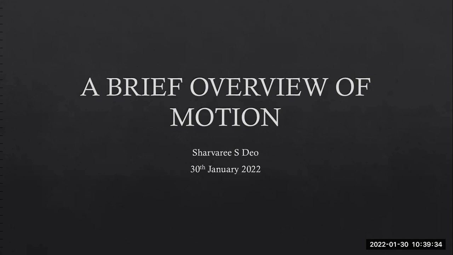Then you have an important topic called graphical representation of motion, followed by the various equations that are used for motion. And last, at the end of the chapter, you have circular motion as well.